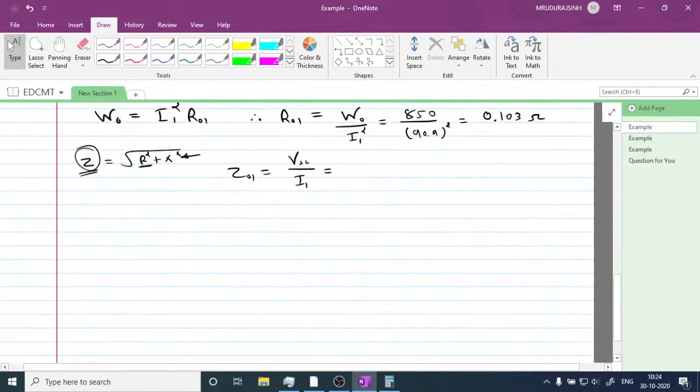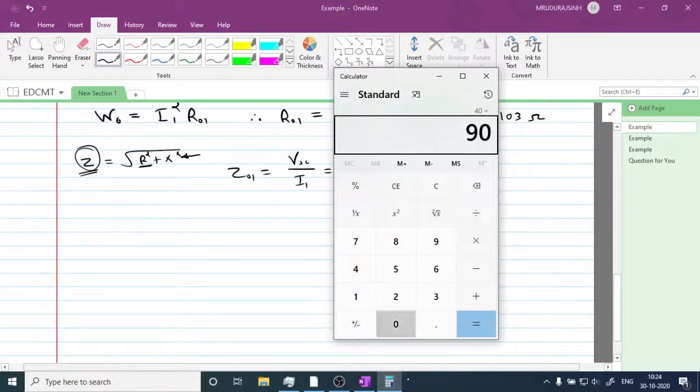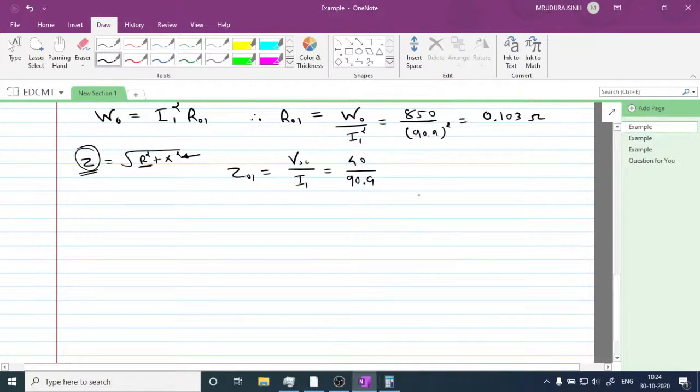So VSC 40 divided by I1, which is 90.9, gives us 0.44. So this is equal to 0.44 ohm.